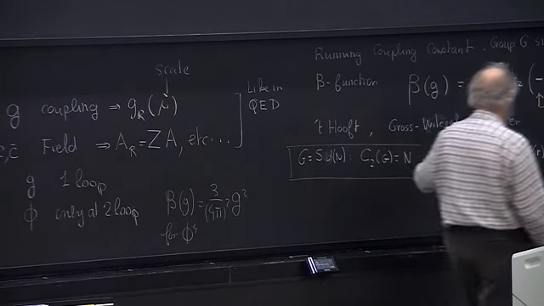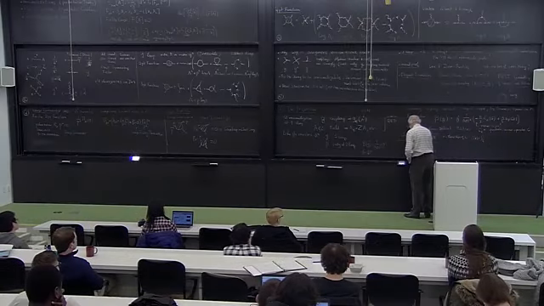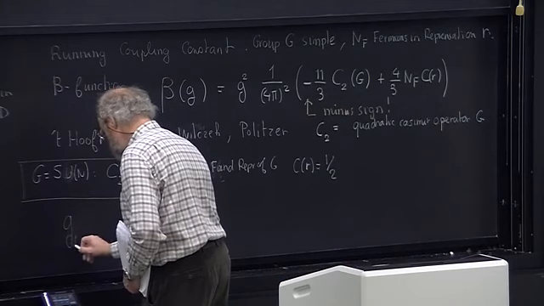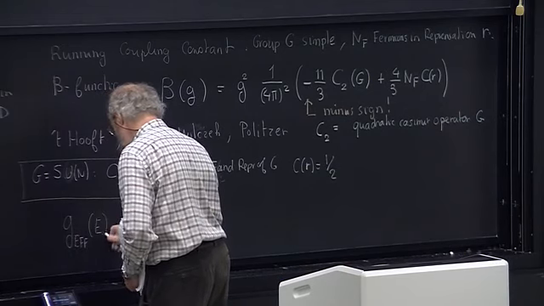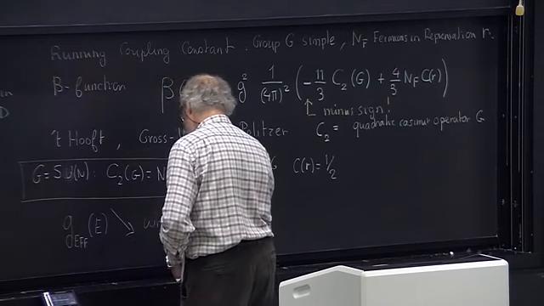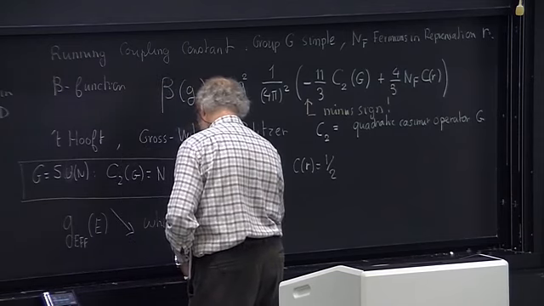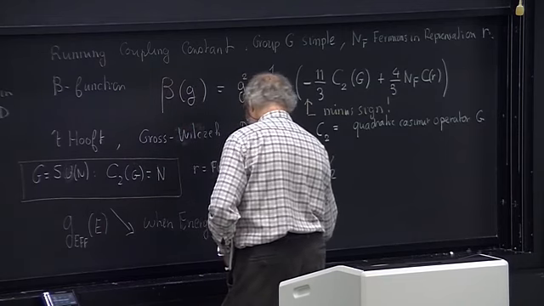For non-abelian gauge theories, the minus sign means that the running coupling constant, or the effective coupling constant, as a function of the energy, goes down when the energy E goes up.